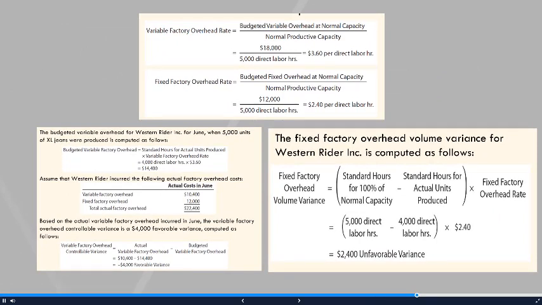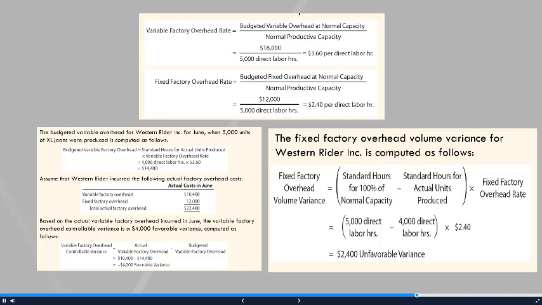First, let's look at this variable overhead controllable variance. In order to get that variance, we need to look at the actual variable overhead and compare it to our standard variable overhead. Our actual variable overhead is given to us. We have to calculate what our budgeted variable overhead should be.